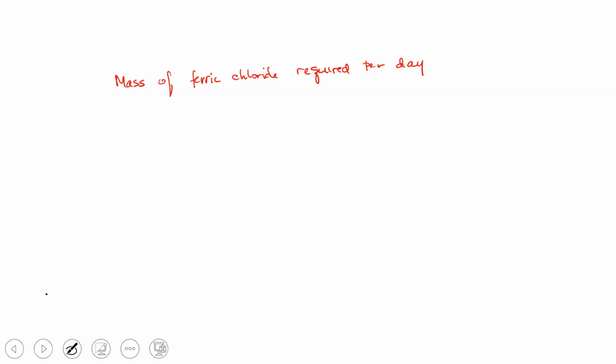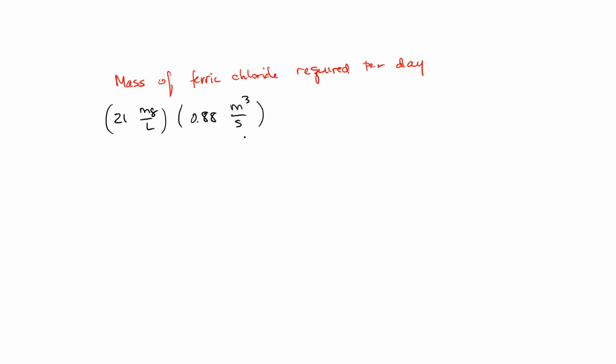Okay, the first thing we were asked to do was to determine the mass of ferric chloride required per day, and we are told that we have 21 milligrams per liter as our dose, so that was the optimal dose. If we multiply that by 0.88 cubic meters per second, our maximum flow rate, times 1,000 liters per cubic meter, times 86,400 seconds per day.